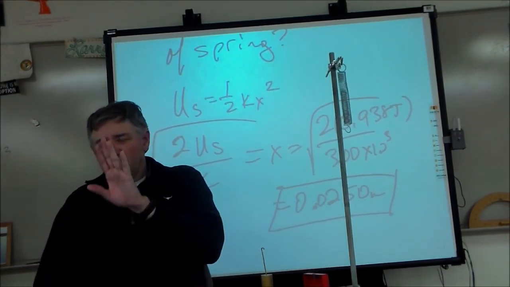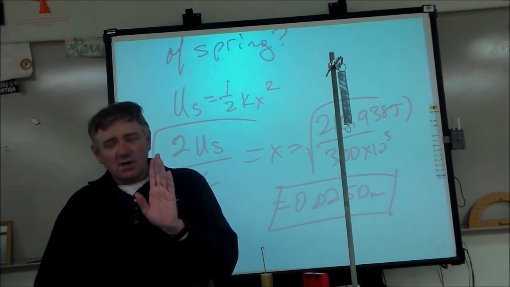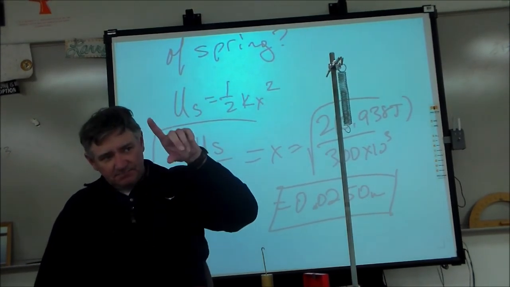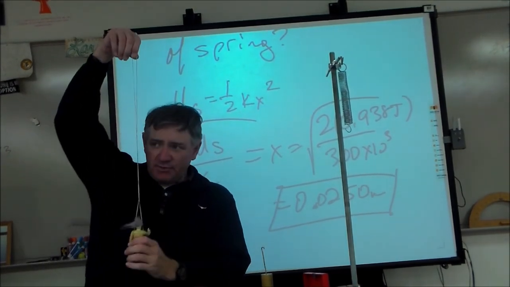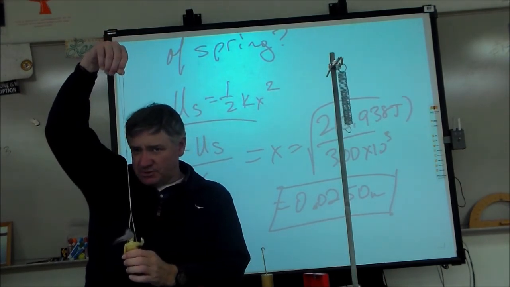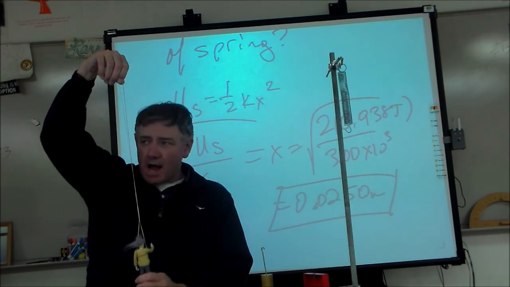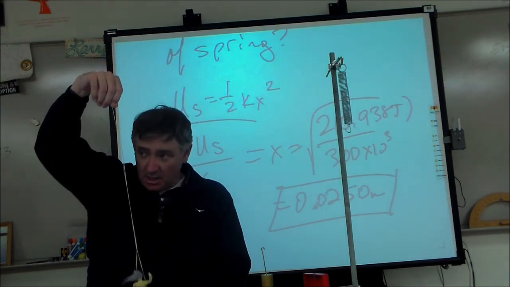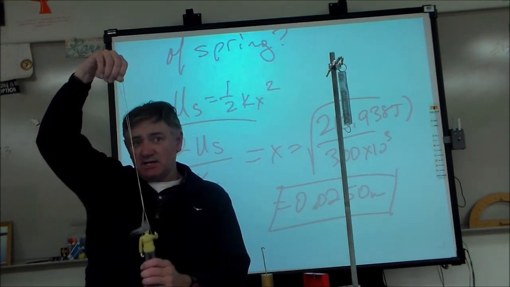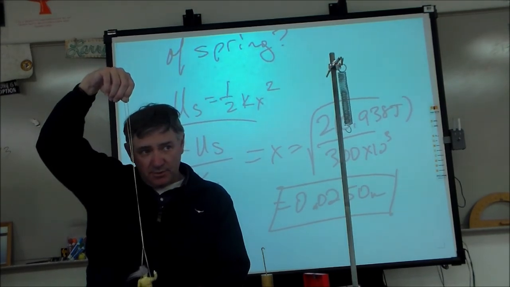Let me give you a hint on how to start this problem: reverse engineering. Imagine that you're 31 meters below the bridge. How much work, or how much UGG, would you have to create to lift you up from 31 meters below the bridge?